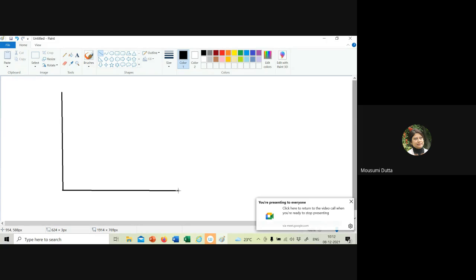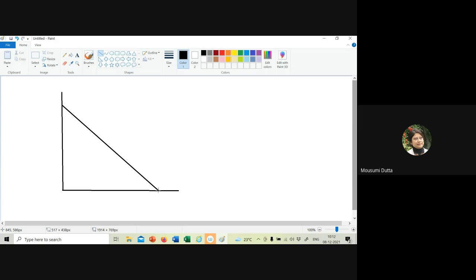So this is the two commodity space, and suppose this is my budget line. And using my utility function, I will be able to generate a set of indifference curves like this.